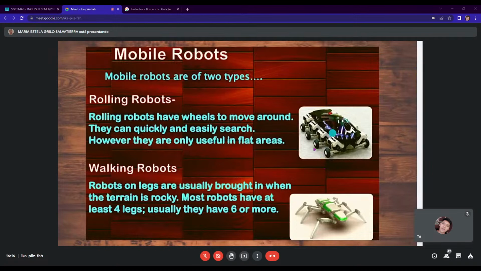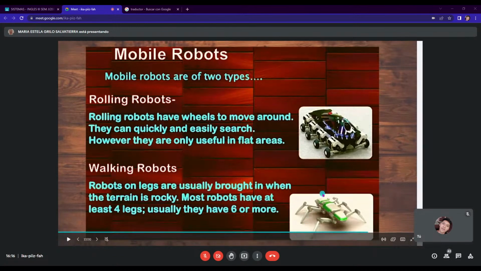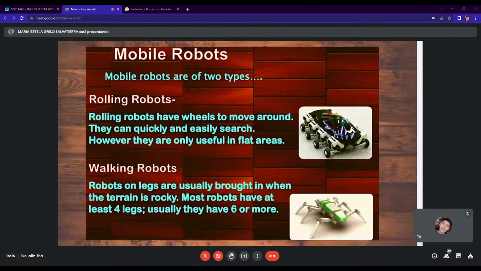If we observe these robots, we are going to observe that most of them have legs and or they have the capacity of flying. On what do people who create these robots base their objects or device? In the action that a fly takes.